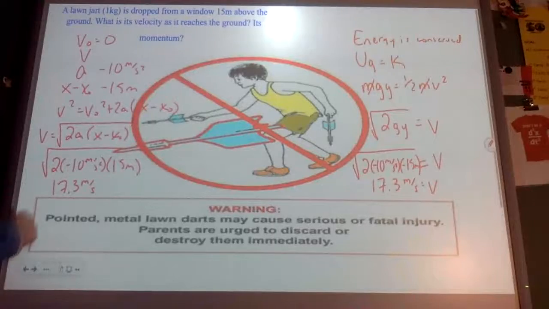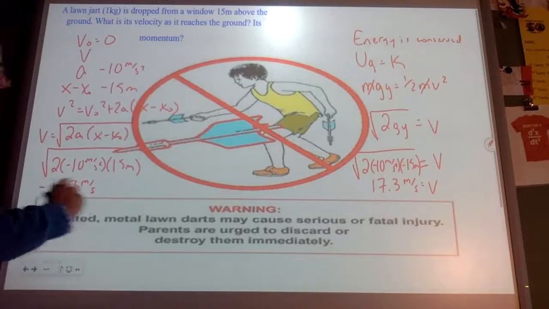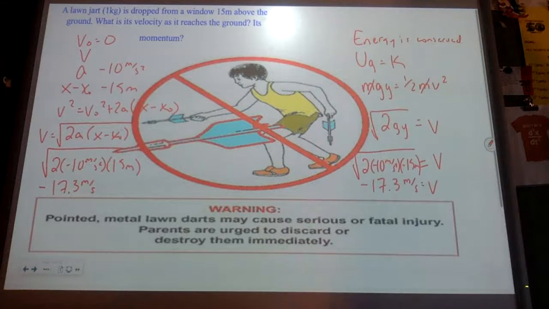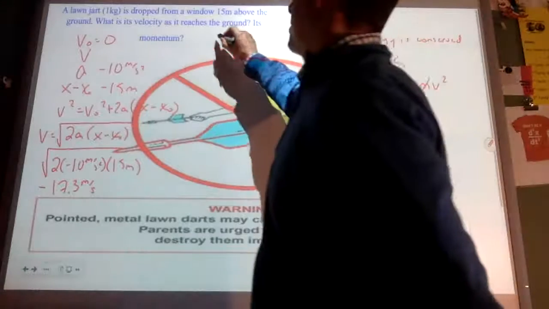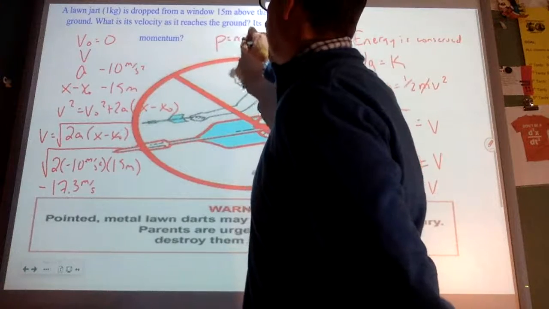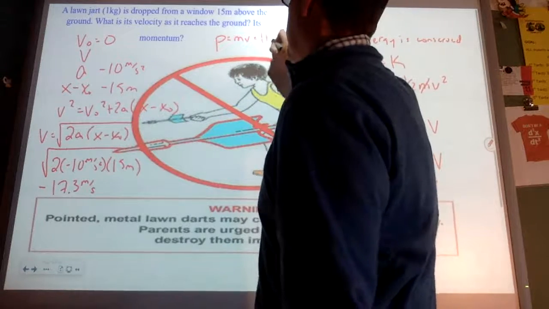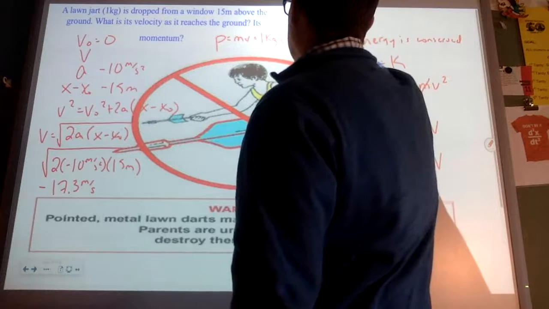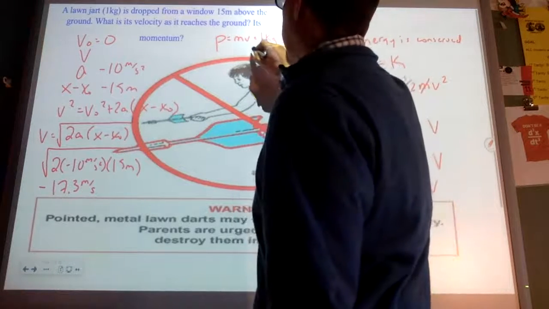Both of these are plus or minus because we square rooted, and I'm going to pick minus because the lawn jar would be going down if you dropped it. And then to get the momentum, we would just do the mass times the velocity. So this is 1 kilogram times negative 17.3 meters per second.